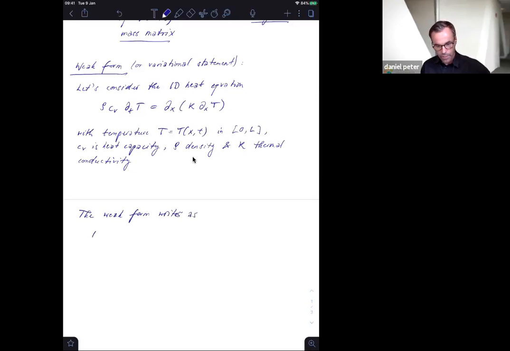So we have the first integral, W, our test function, times rho, CV, times the time derivative of T, and then this is integrated from 0 to L, would be equal to the integral from 0 to L of W, now the derivative of the right-hand side, of kappa times the derivative of T, dx.